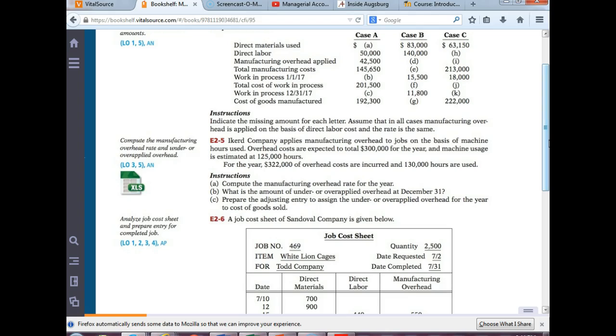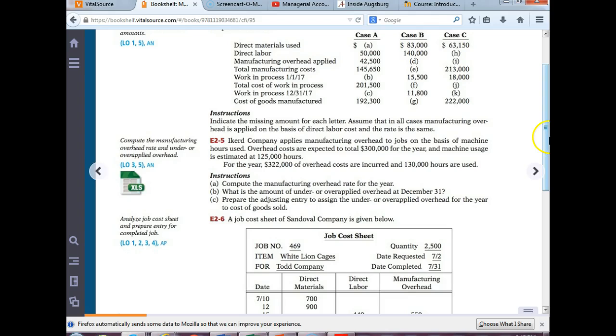Overhead costs are expected to total $300,000 for the year, and machine usage is estimated at 125,000 hours. For the year, $322,000 of overhead costs are incurred and 130,000 hours are used. We have to compute the manufacturing overhead rate for the year.